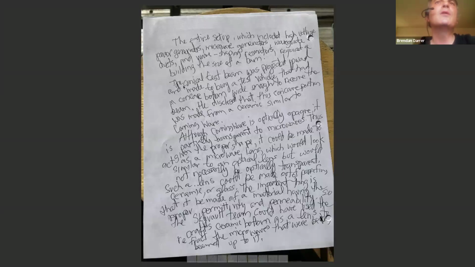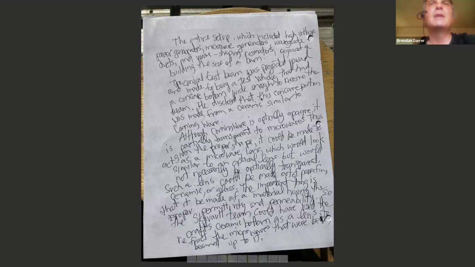The conical test beam was projected upward and made to buoy a test vehicle that had a concave bottom wide enough to receive the beam.